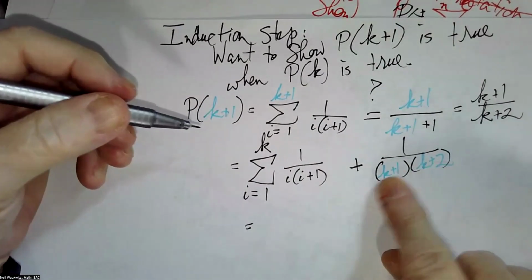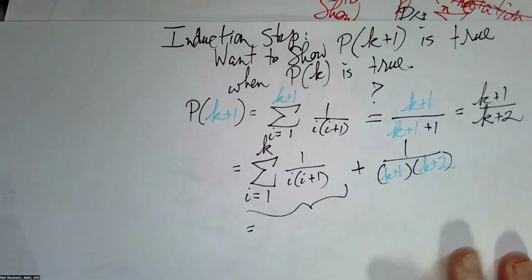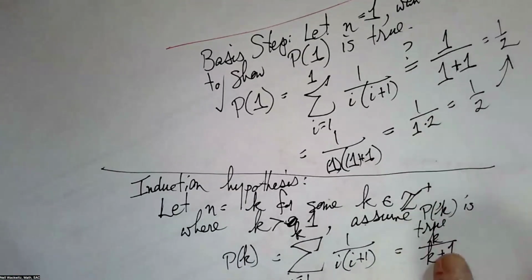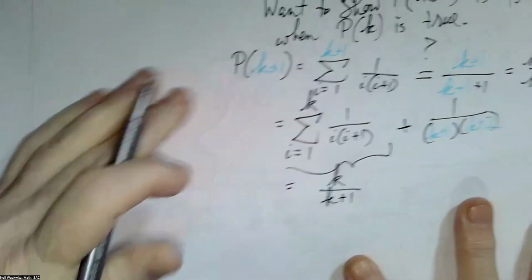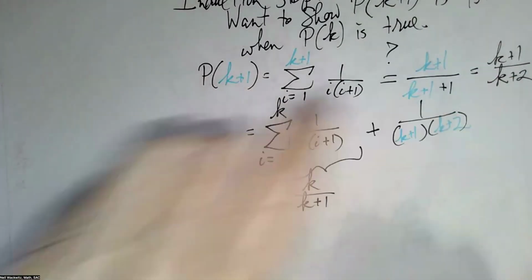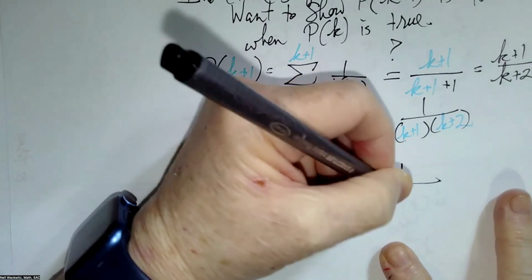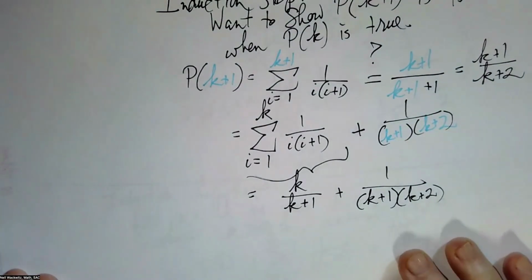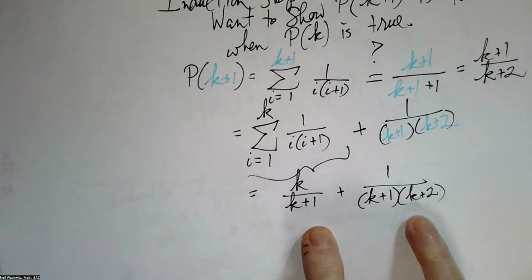Okay. Well, I know by assumption that this first summation is equal to K over K plus 1. And we're adding 1 over K plus 1 times K plus 2. Well, I know about fractions. In order to add them, the denominators need to match.